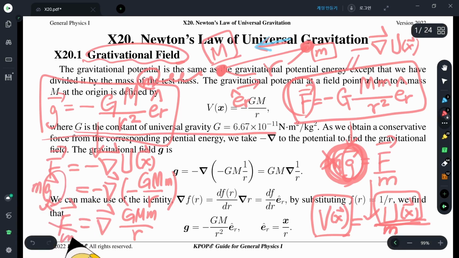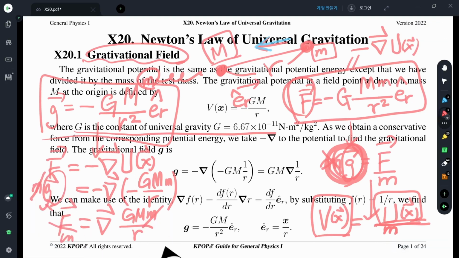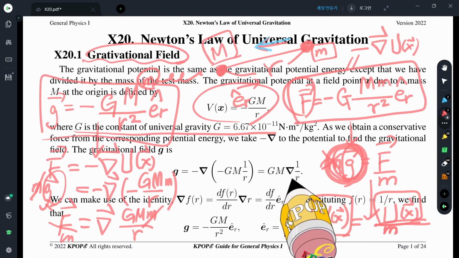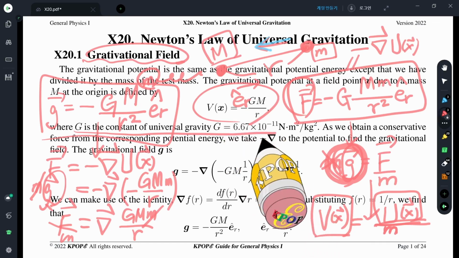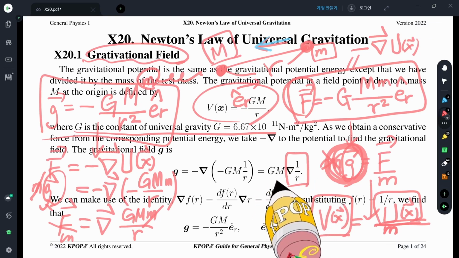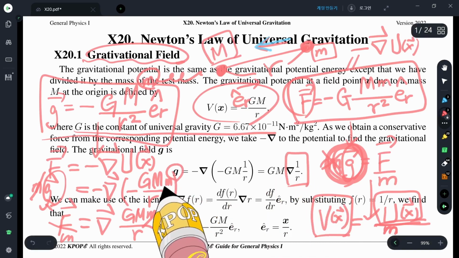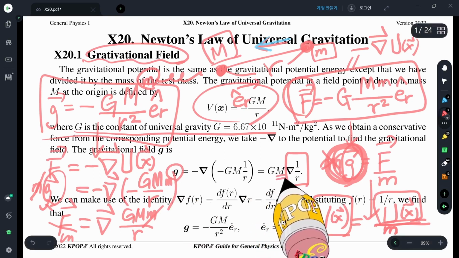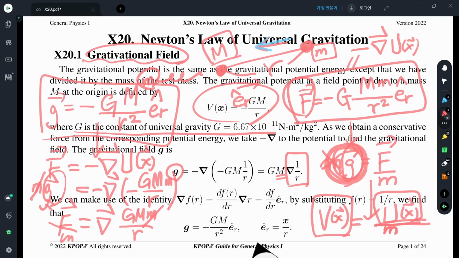So we divide everything by small m. So this is the gravitational potential. The minus cancels, and the gradient of 1 over r multiplied by GM is the gravitational field due to a point particle of capital mass M at the origin.